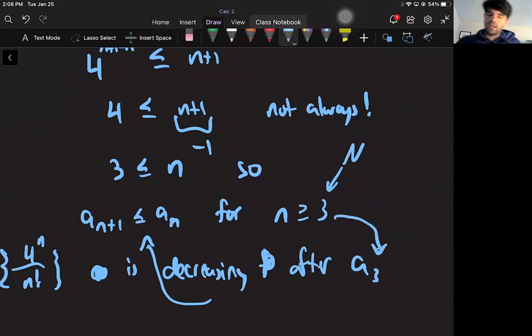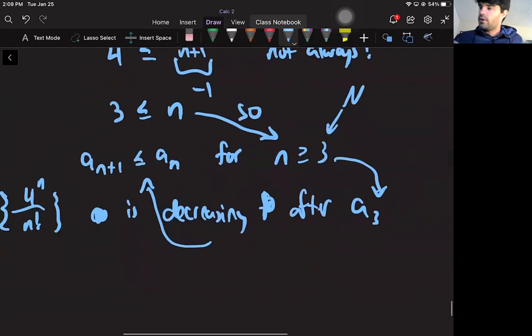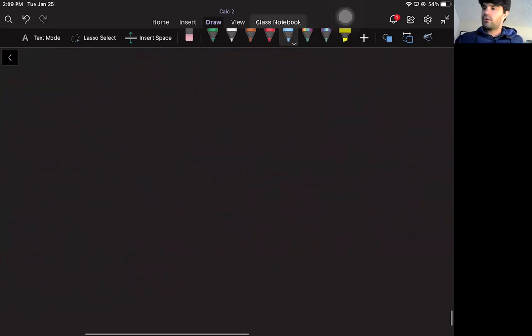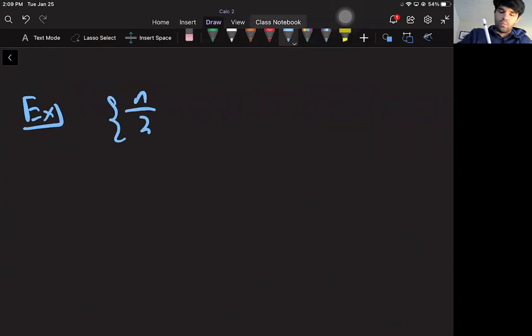And that's what we showed by getting this thing. Okay, so that's one increasing, that's one decreasing. So there's lots of examples that all work very similarly. So I'll do a couple more just to try to help you out. So let's try this one.